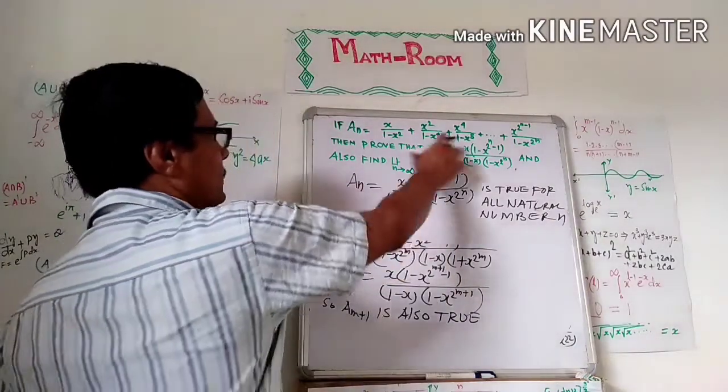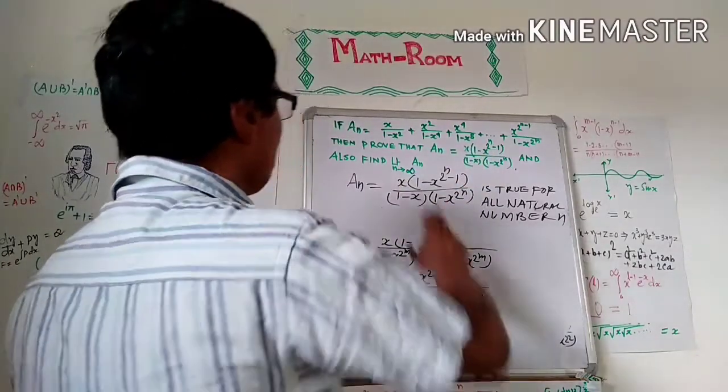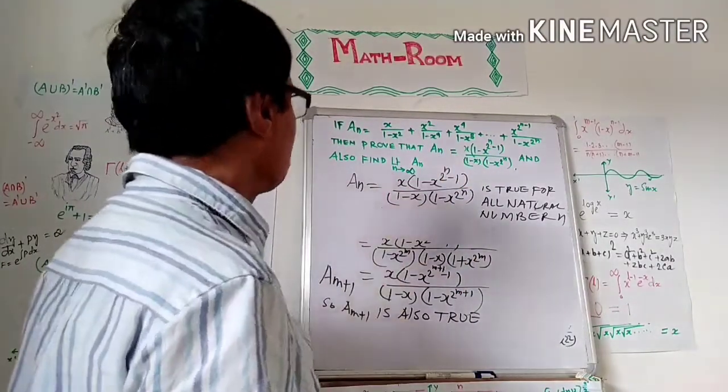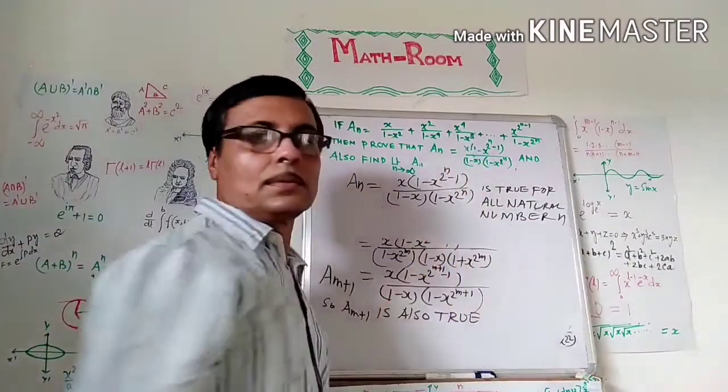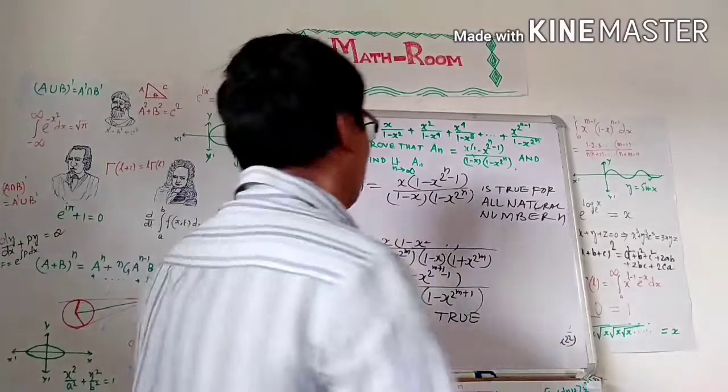So we have proved the sum of this finite series. The sum of this finite series is S(n) equal to this. We have proved it.